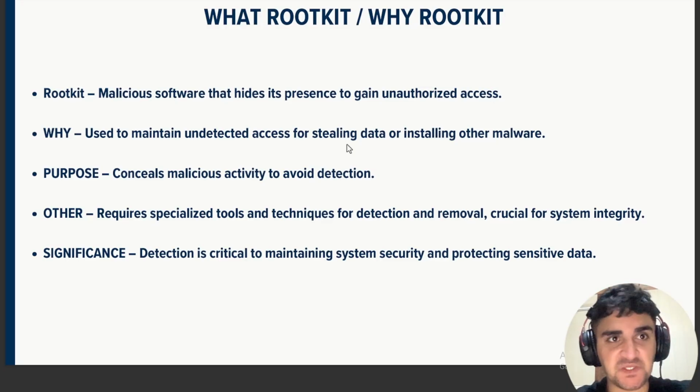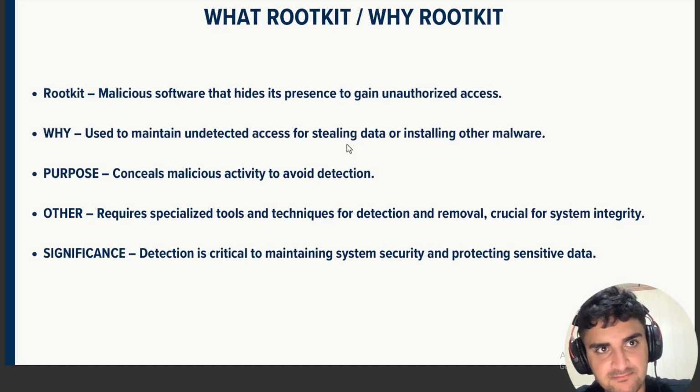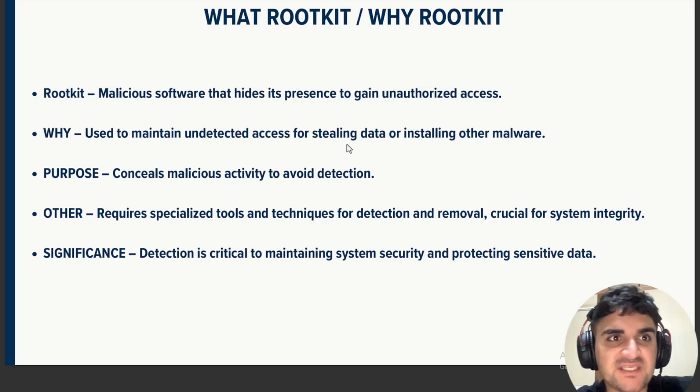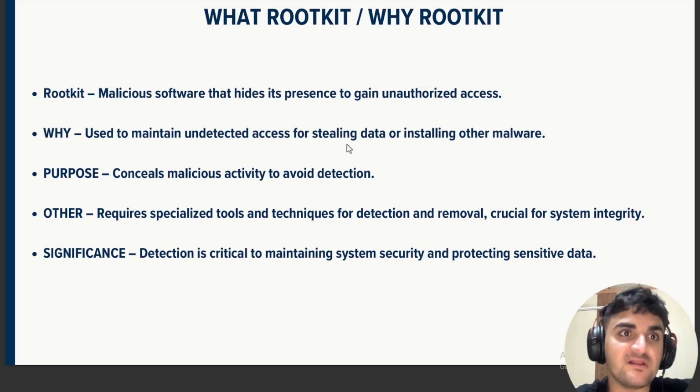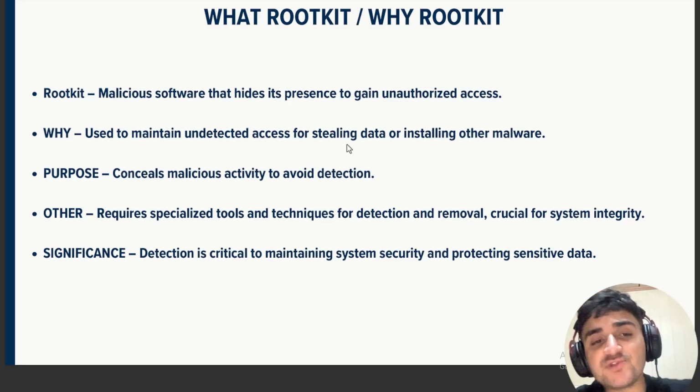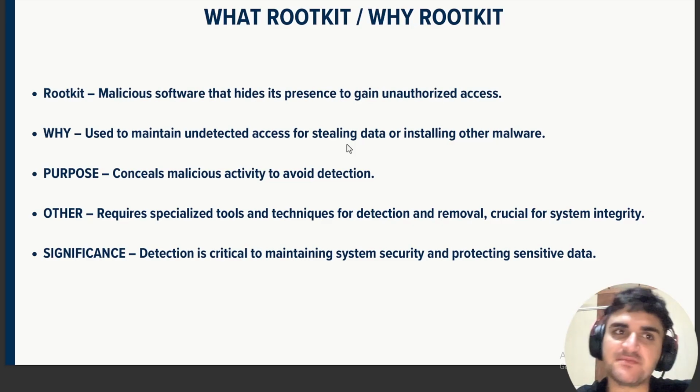Each process in an operating system, you can easily see and look at by using tools like Task Manager, Process Hacker, Process Explorer, and so on. But for a rootkit, there is no process presence in user land. You have to use a specific toolkit to detect it and reveal the hidden process, and we are going to discuss that. Rootkits require specialized tools and techniques for detection and removal, which is crucial for system integrity.